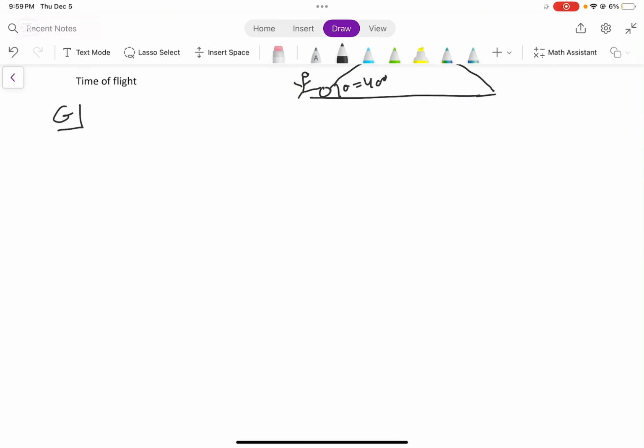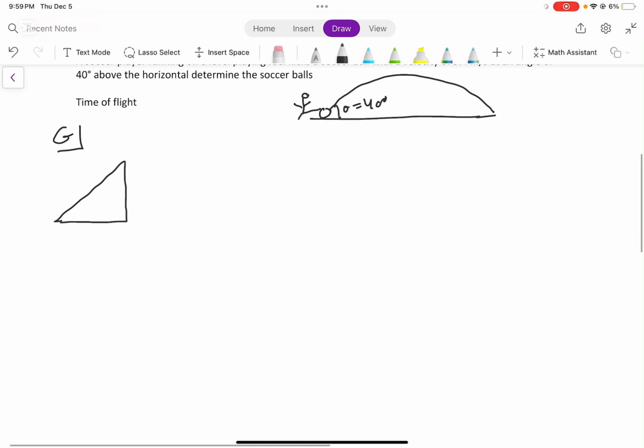So let's put a right angle triangle here, because you know it's above the horizontal, which means that it's basically going to go right and then up. So we can set these as our positives because we're going right and up. And we can put theta right there.